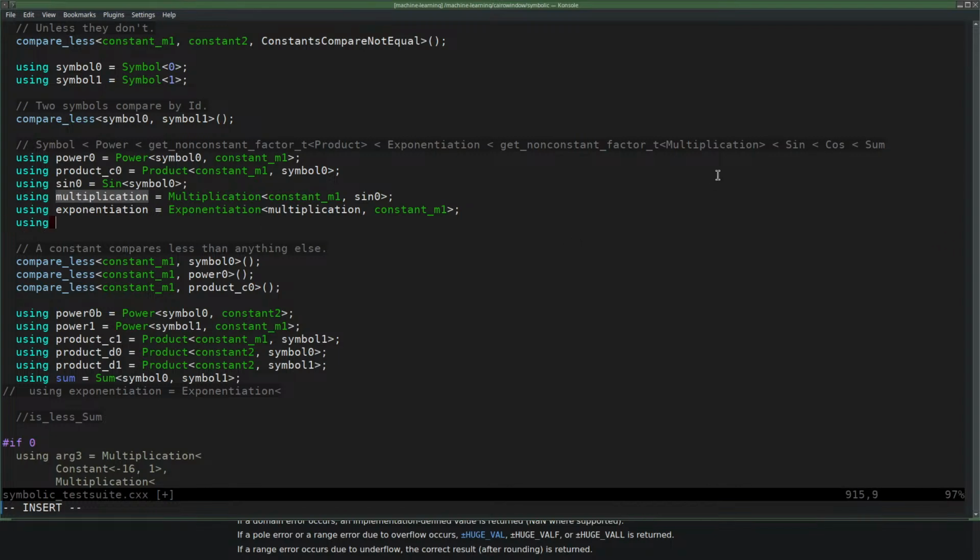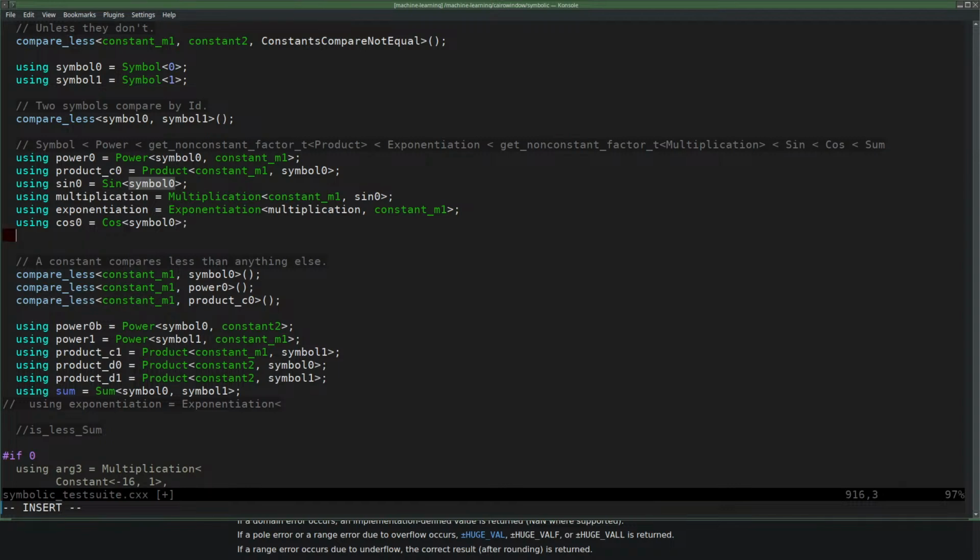So now I have a multiplication and an exponentiation. Still need a sign of a cosine. Let's say the cosine of symbol 0. And a sum.